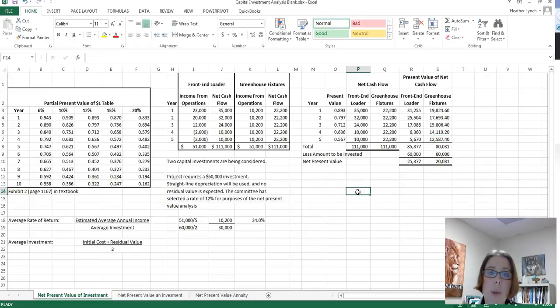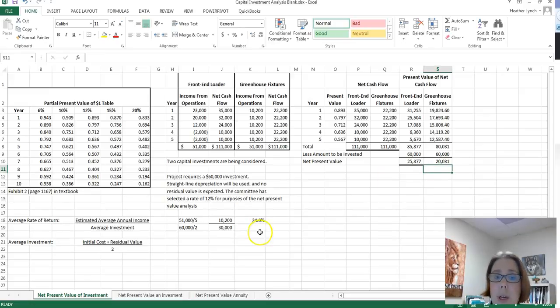So what we have here is just a simple look at deciding between a front loader and a greenhouse fixture, and which one is going to be the best for us. If you look, the net present value of the front loader is going to give us 25,877. The greenhouse is 20,031.